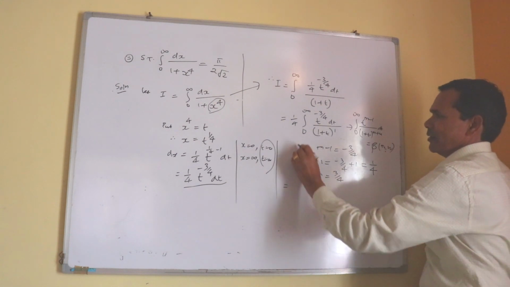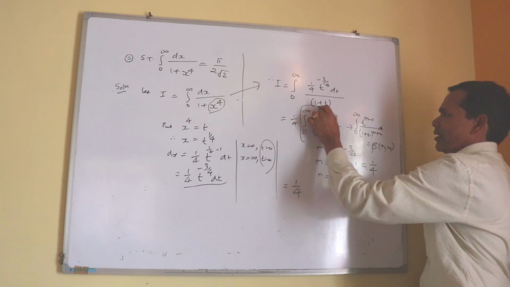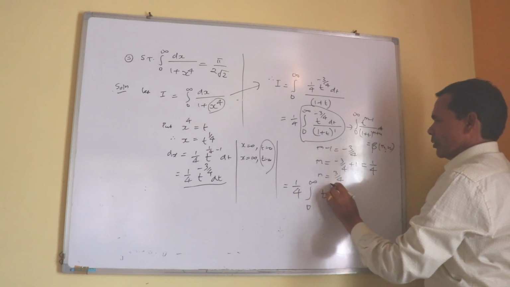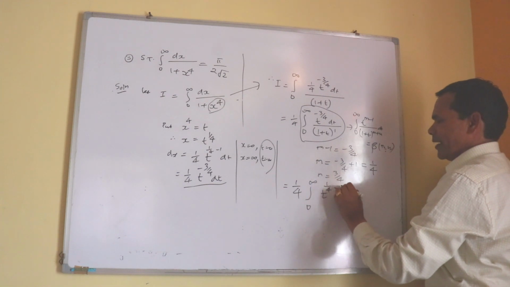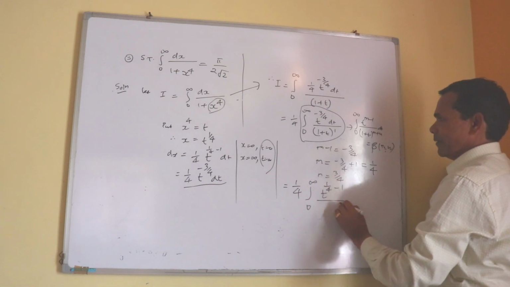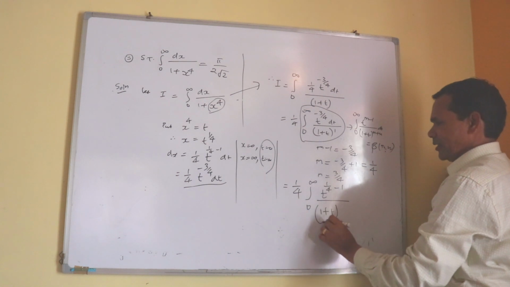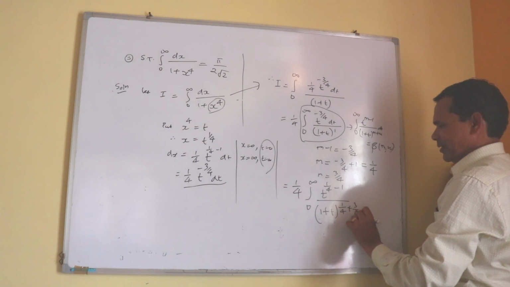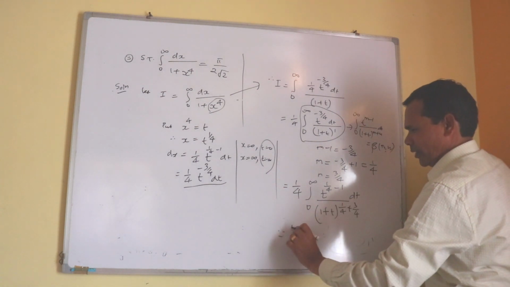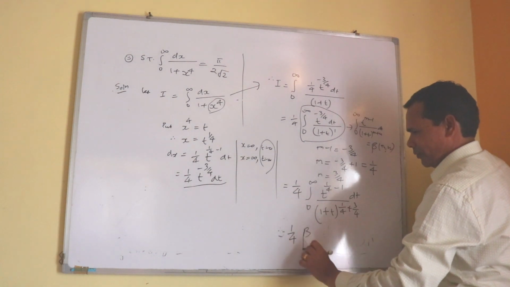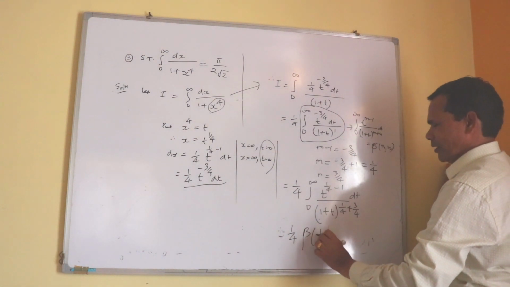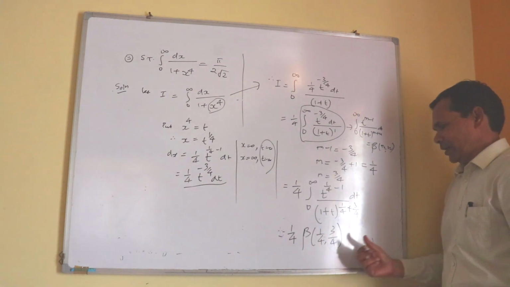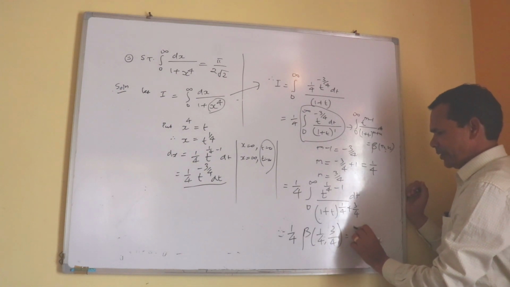So you are getting this as 1 by 4, this integral I can write down this as 0 to infinity t raised to 1 by 4 minus 1 divided by 1 plus t bracket raised to 1 by 4 plus 3 by 4, something like this dt, and this would be 1 by 4 beta of 1 by 4, 3 by 4. So this is in terms of beta. Now I use relation between beta and gamma.